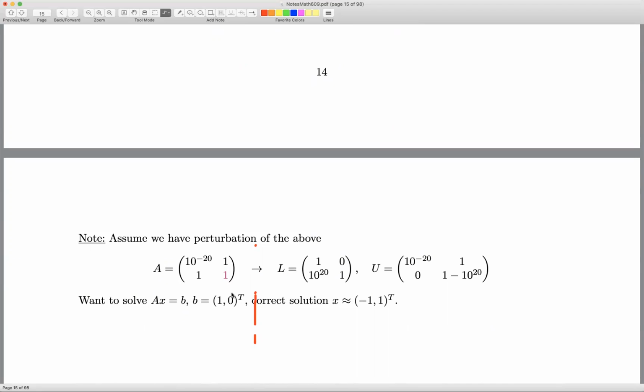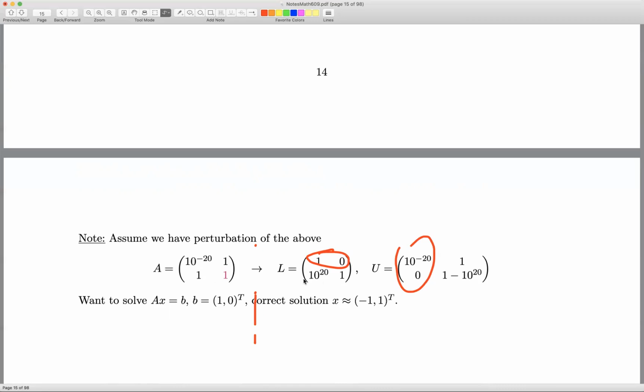And then one can actually do Gauss elimination and LU factorization. One can show that the matrix A is equal to the product of the matrices L and U, and one can see that this row multiplied by this column will give you 10 to the negative 20. This row multiplied by this column will give you 1, because 0 will make this term 0.